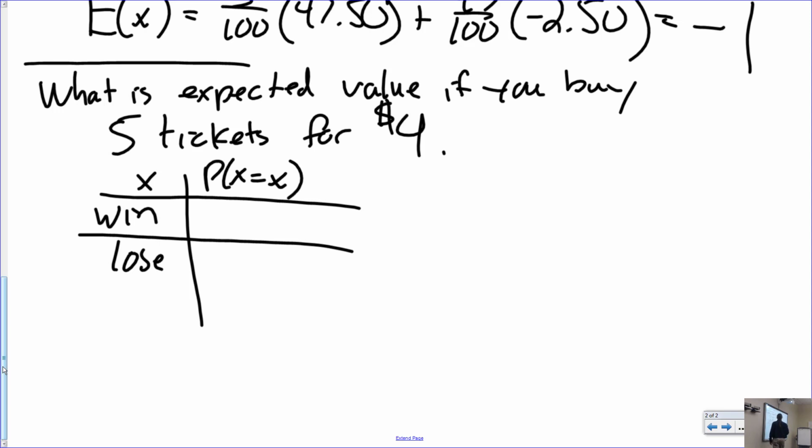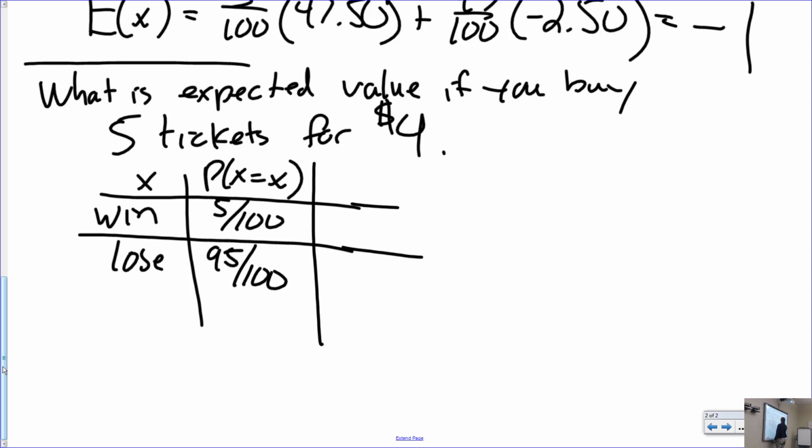What's the probability that we win, folks? What's the probability that we lose? What's the outcome in either one of these? You win $46 if you get one of the lucky tickets, and if you lose, $4, because you had to spend $4 for 5 tickets.